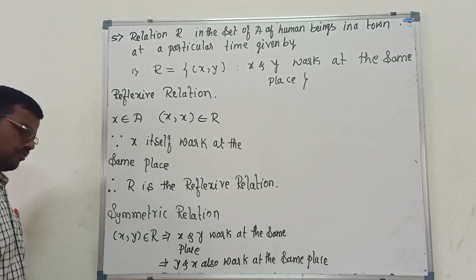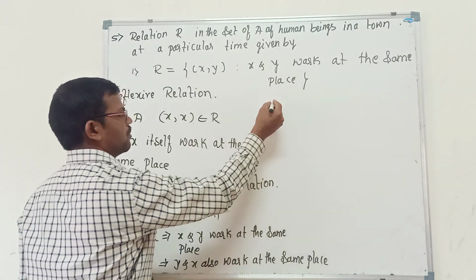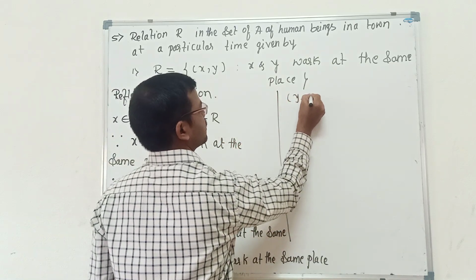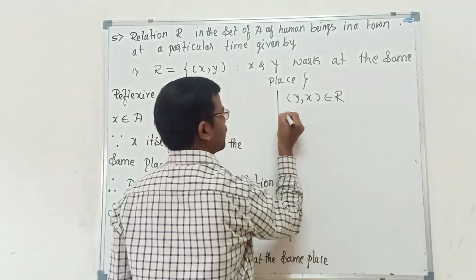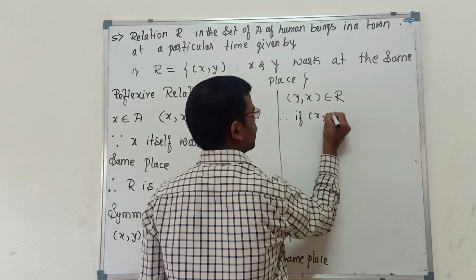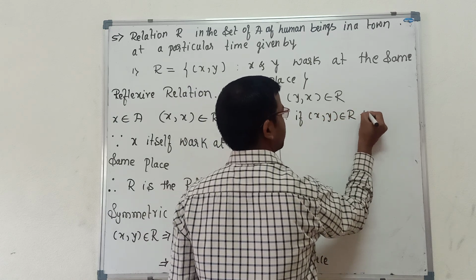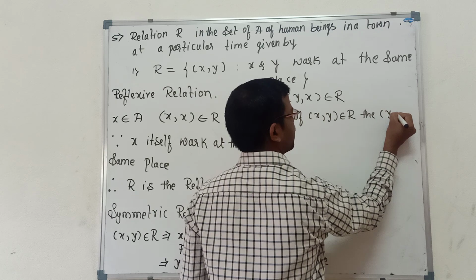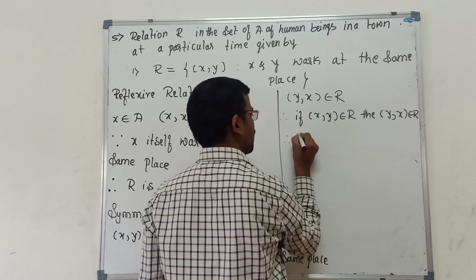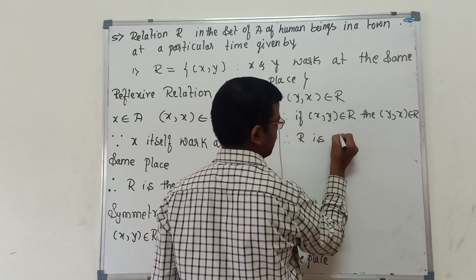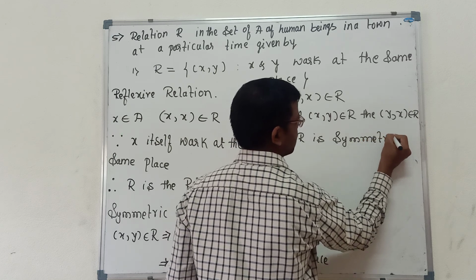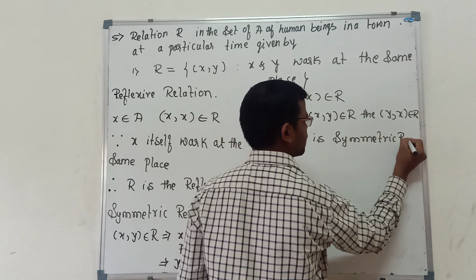X and y work at the same place means (y, x) belongs to R. Therefore, if (x, y) belongs to R, then (y, x) belongs to R. Therefore, R is a symmetric relation.